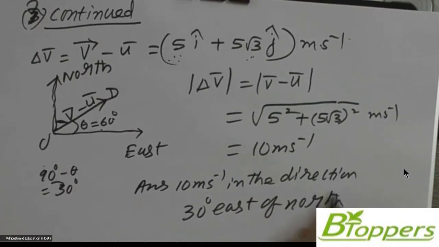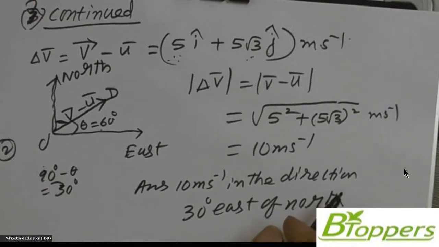Therefore, the answer for the second question in the list of the problems I have given on change in velocity is 10 meter per second in the direction 30 degrees east of north. Those who want to copy the solution, they can take a pause and copy the solution. Next, I am going to discuss the next problem, problem number 3.